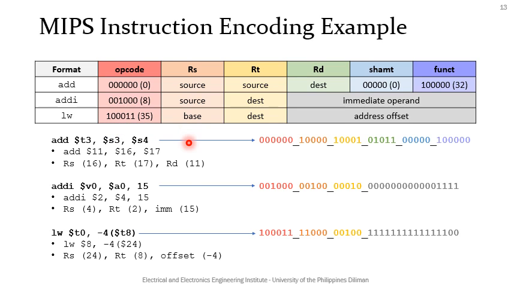The base register is 24. The destination register is 8. And the -4 immediate is encoded in 16-bit 2's complement. If it is unclear how this corresponds to -4, then I suggest that you review how to convert 2's complements.